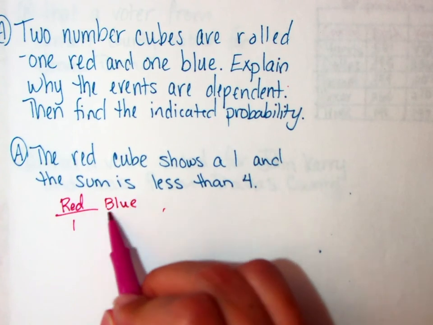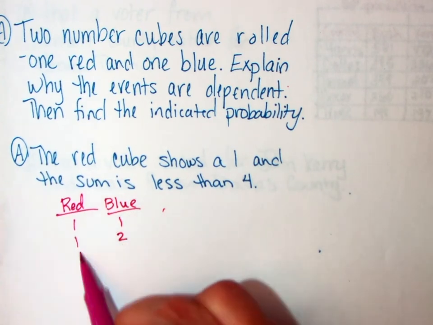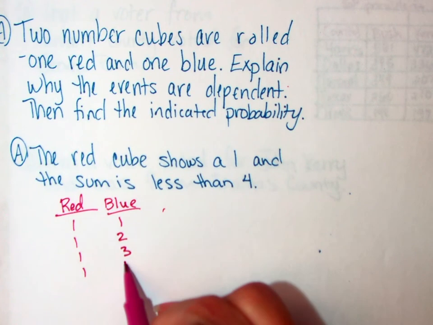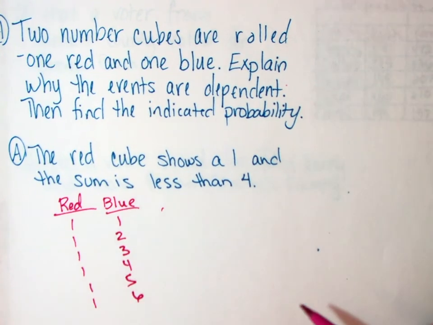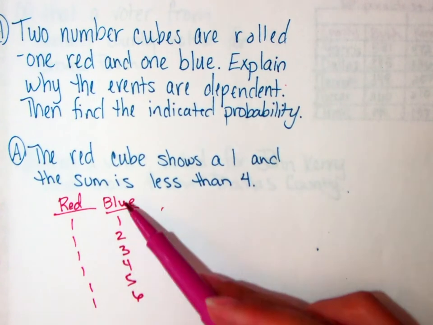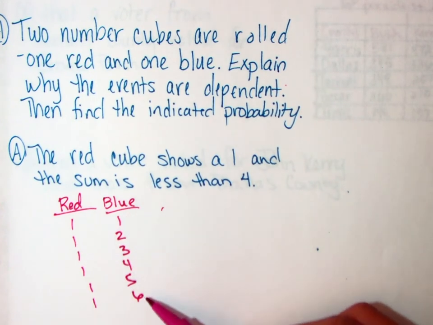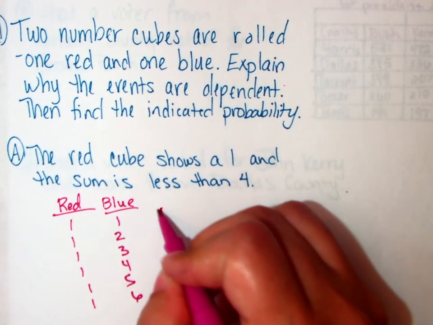Well, my blue options are 1, 2, 3, 4, 5, 6. So if I rolled a 1 on red, the blue could be anywhere from 1 to 6.